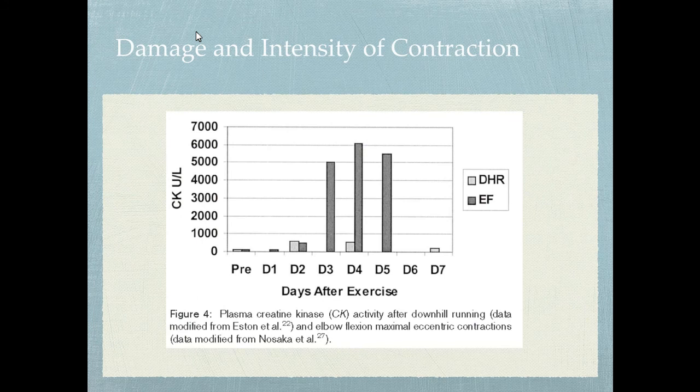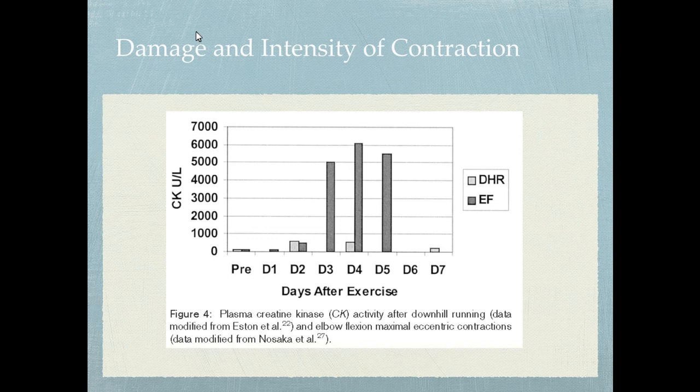This is another good example here. The light gray group is downhill running, which is a low intensity bout, but it causes muscle damage. And then we have EF, which is eccentric maximal loading, and that's the dark gray.